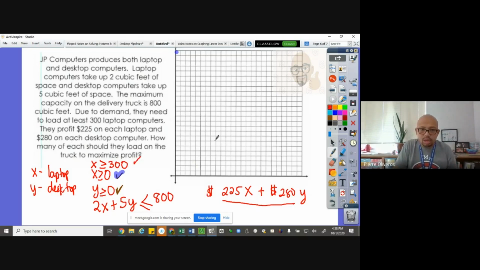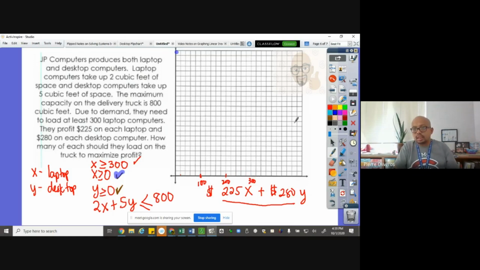Where's 300? So we have to come up with a plan here. So let's say this will be 20. So this will be 1, 2, 3, 4, 5. This will be 100. So 1, 2, 3, 4, 5 is another 200. 1, 2, 3, 4, 5. This is 300.